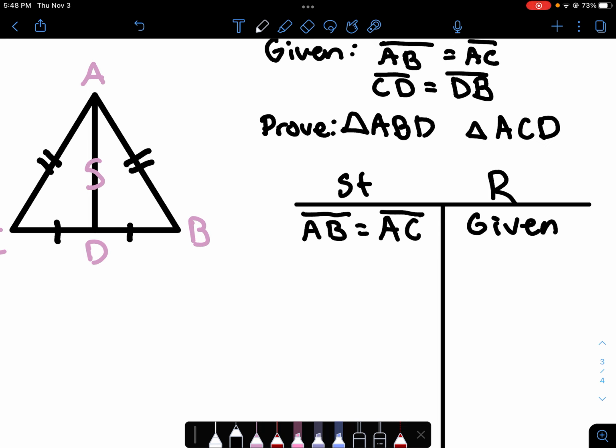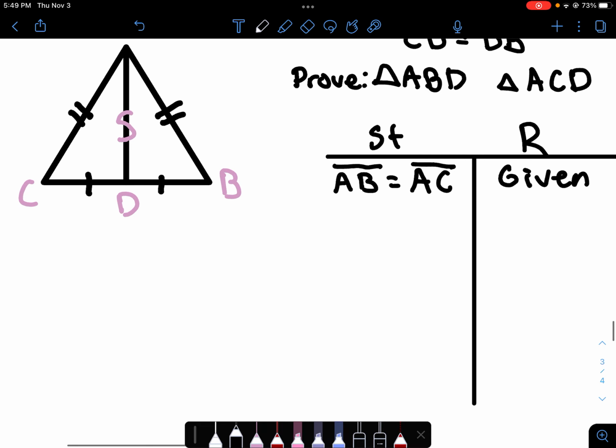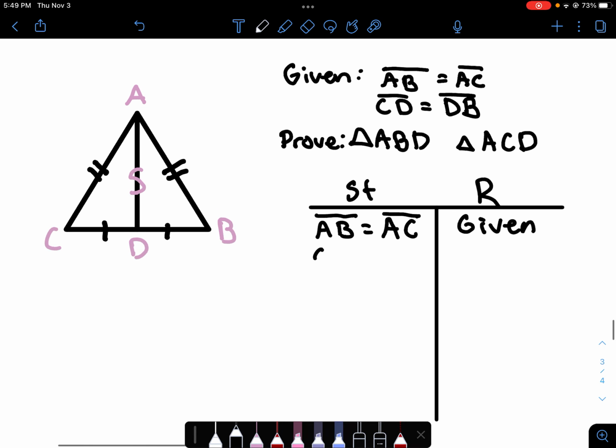Just try to understand the material. Once you write your statements and reasons, those things will come to you so you don't have to remember and recall. So anyway, CD equals DB, which is also given.